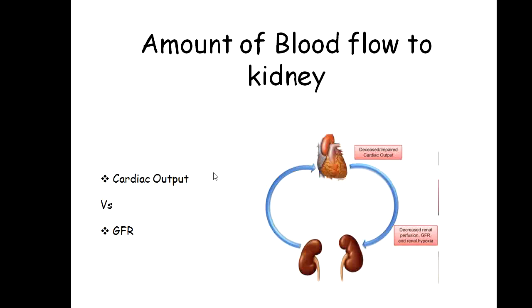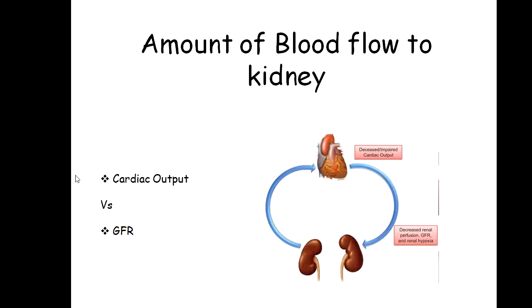The cardiac output is also known as the minute volume, because the volume of blood pumped by the heart in 1 minute is called cardiac output, or the volume of blood which goes from the heart to the aorta per minute is called cardiac output.